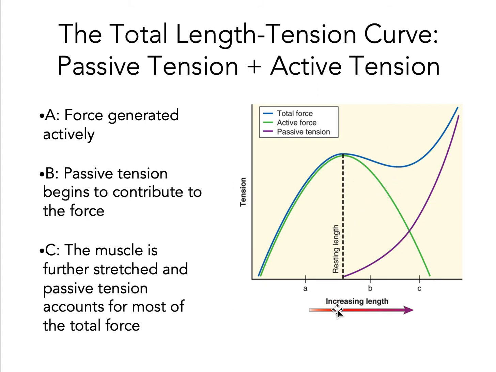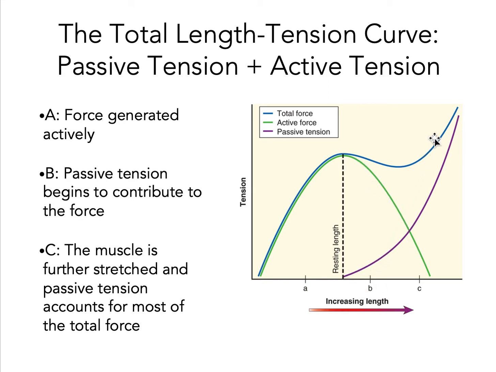So once again, coming back to this curve. In position A right here, the force is generated by the muscle actively. As we progress to position B, passive tension begins to contribute to the force produced by the muscle. So now we don't see that decline anymore as we would if it was only active force produced.